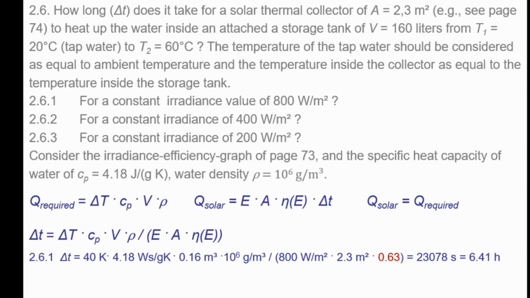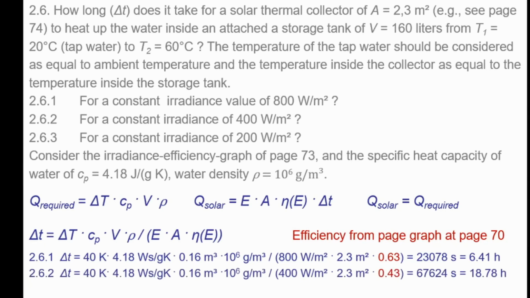And for the first part, we have the irradiance value of 800 watt per square meter. And the conversion efficiency is quite high, at 63%, if you take it from the graph. So to heat the complete tank, it would require about 6.41 hours. This efficiency was taken from page 70.